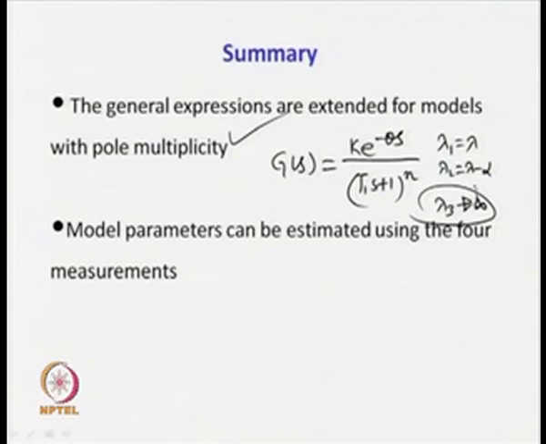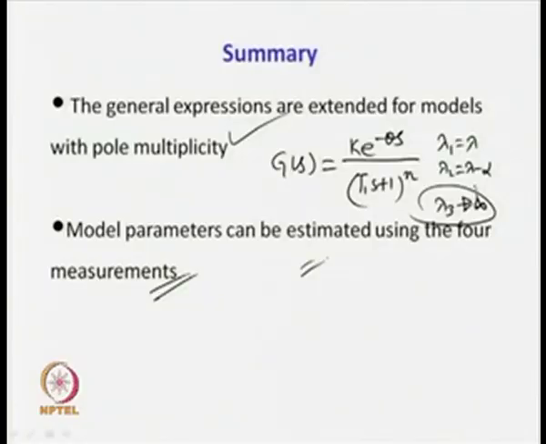Now, model parameters also can be estimated using the 4 measurements. 4 measurements can be used and the 4 analytical expressions can be simplified to identify transfer function models with pole multiplicity, in which case proper limiting values for different variables are to be used only.